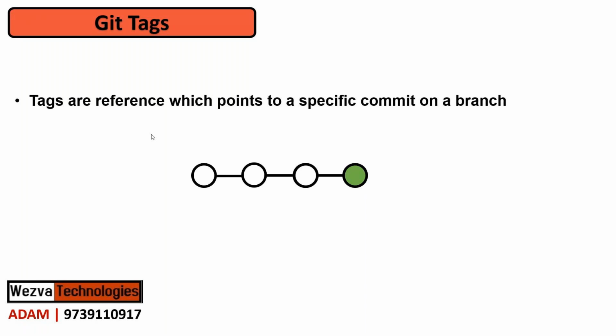See, when you take a repo, there are many branches. Inside a branch, what you have are commit IDs. Every commit ID is a unique 40-character ID, right? So at any point of time, if you want to refer to a commit ID, it will be very difficult to identify it because remembering 40 characters is not an easy task.